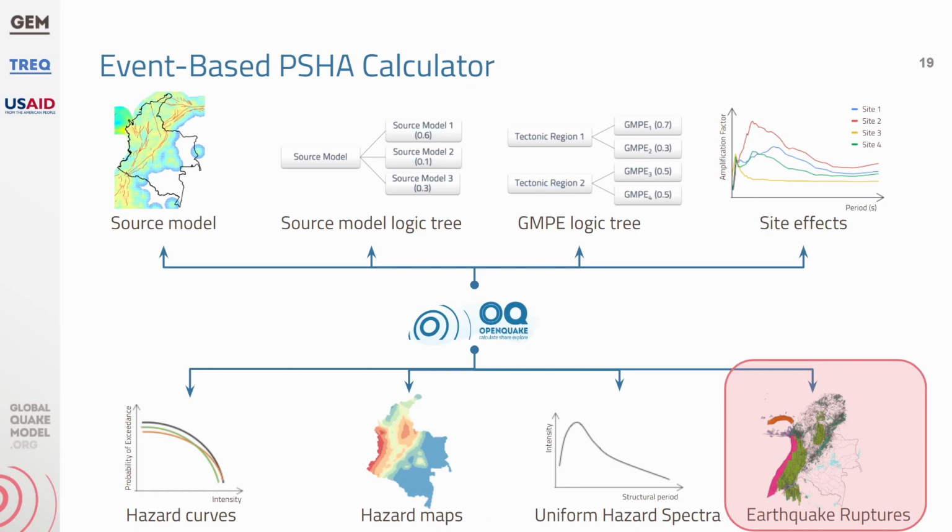So what is this? These event sets are simulations of the seismic activity that has occurred within the time window of our investigation. Each event in the stochastic event set is completely defined by location, magnitude, depth, and rupture geometry. For each one of those, we can generate ground motion fields as we have previously seen. So this is the extra output that we will obtain from the event-based PSHA calculator.